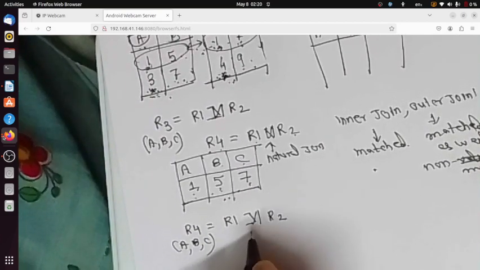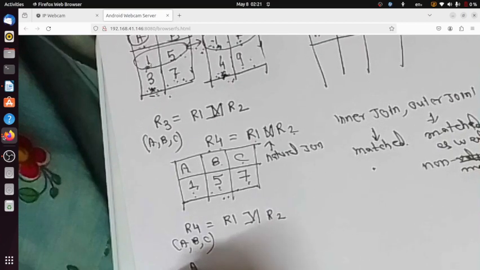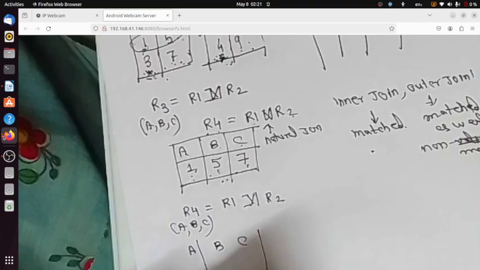I told you that in outer join, matched values as well as non-matched records will also appear. So in R4 there are 3 columns.